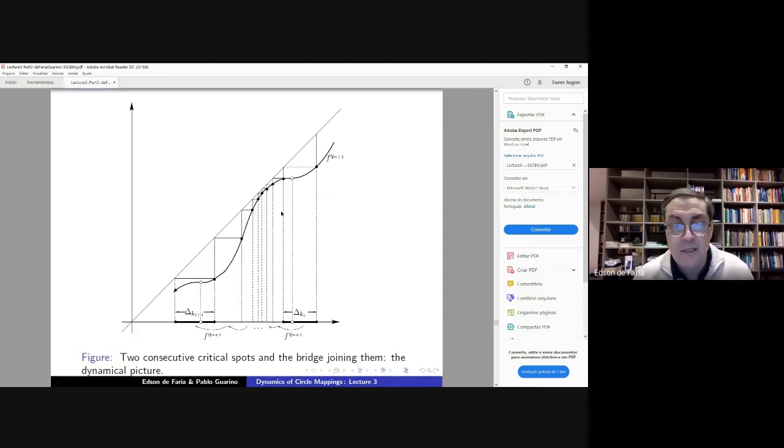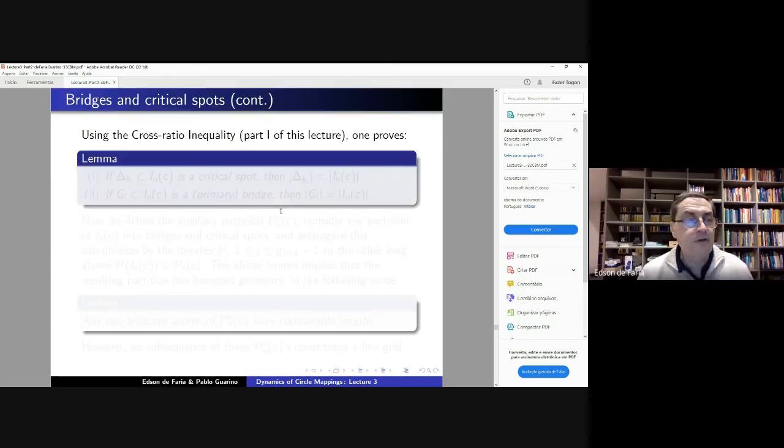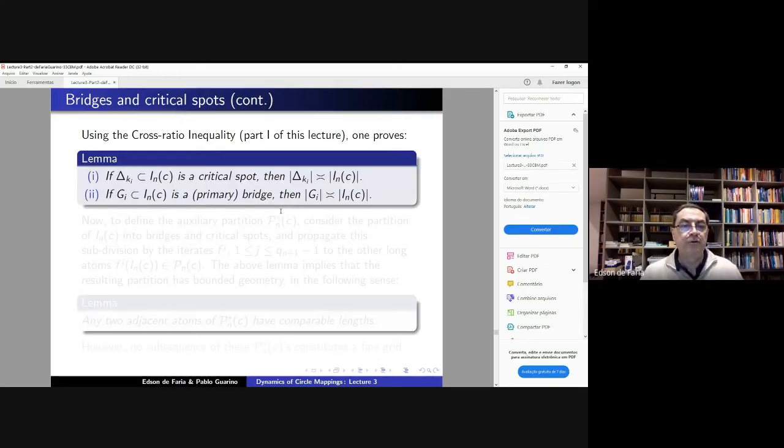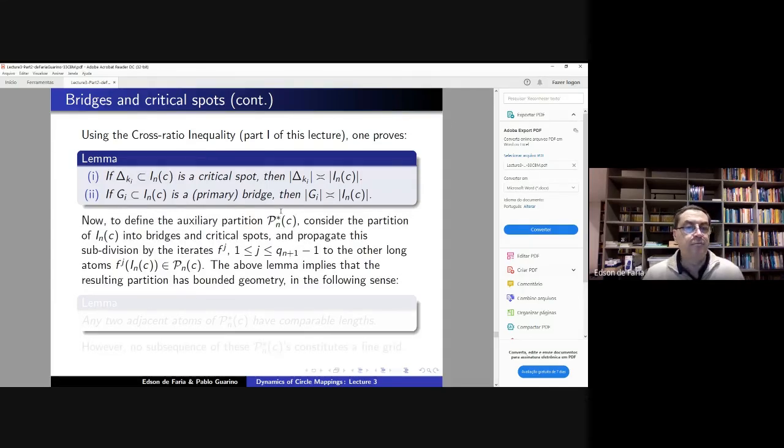And this is the key, but it's not going to give you the fine grid yet, unfortunately. So this gives you an auxiliary partition. You have these atoms I sub n plus 1 and all of its images up to time q_n under the map F. These atoms will remain the same.